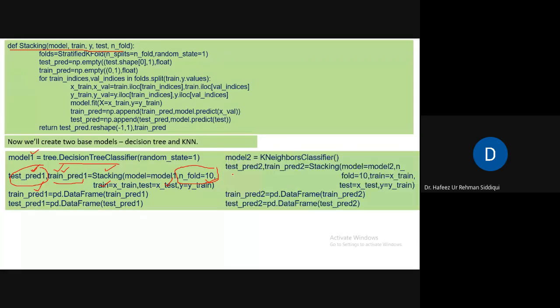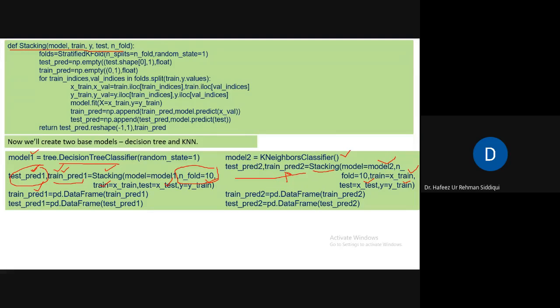Now, take another classifier, KNN. This is the KNN classifier, model 2. So same, you are calling the stack function. You are passing this function model 2 as a model, and the number of subsets of the train set is 10. This is your train data set, this is the test data set, and this is the labels for train, and you will get back these two things.